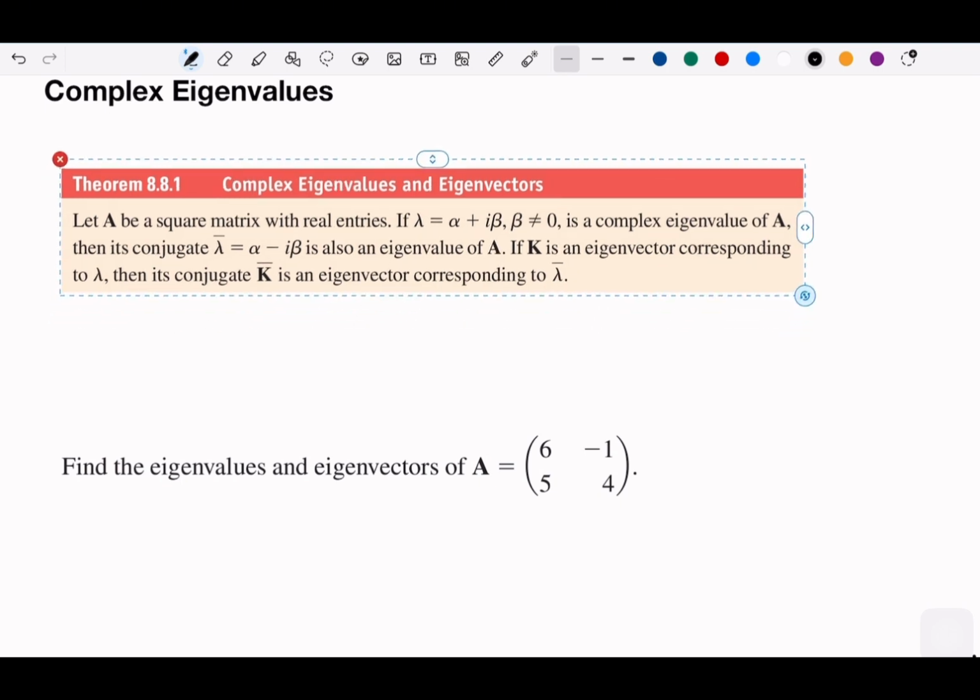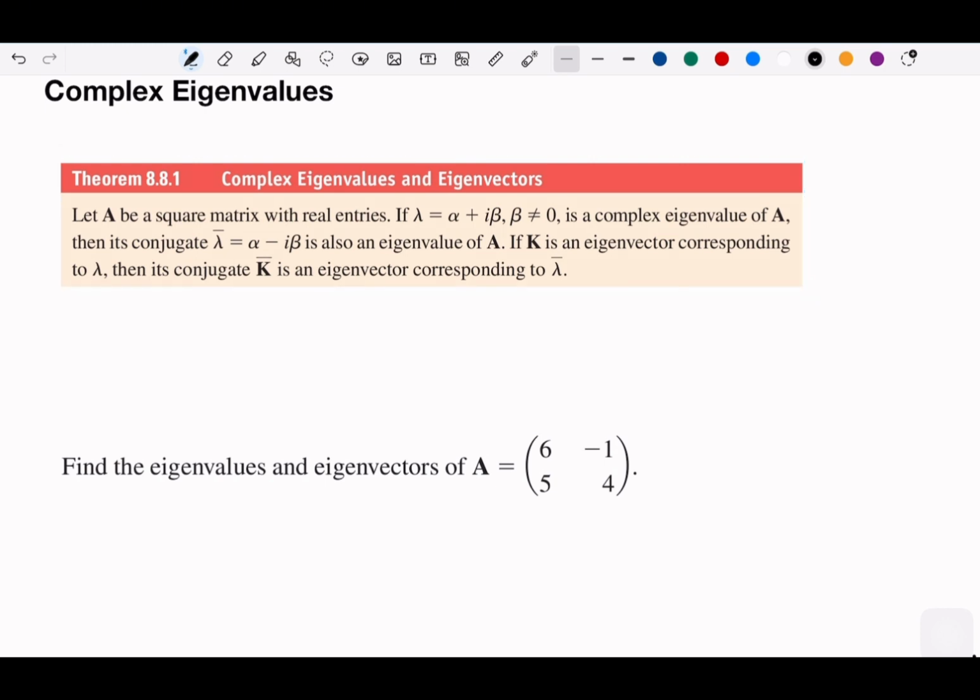To formulate this for the eigenvalue, we can write A bar multiplied with K bar gives lambda bar K bar, or A K bar is equal to lambda bar K bar.